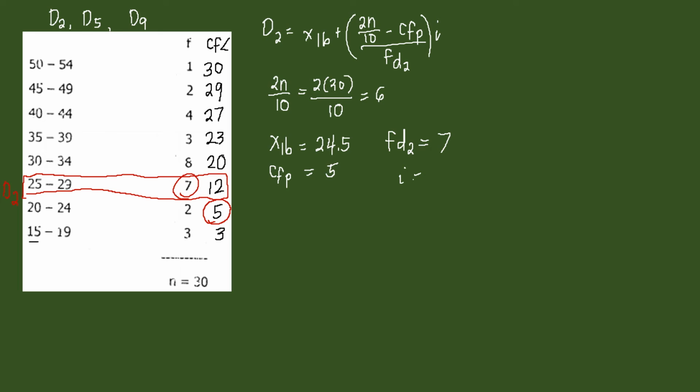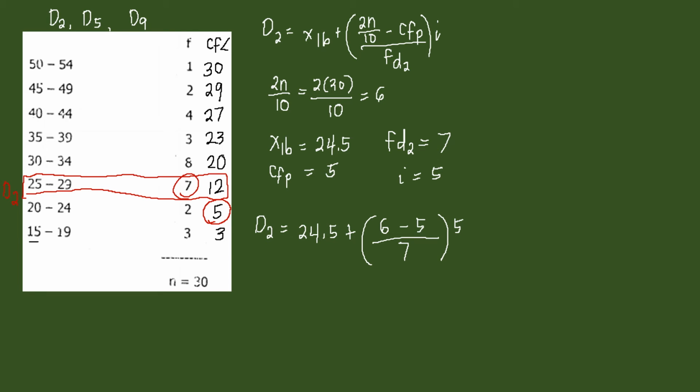And for the interval, we have 5, because there are 5 scores from 25 to 29. Let us substitute these values in our formula. So D2 is equal to 24.5 plus 6 minus 5 divided by 7 times 5.